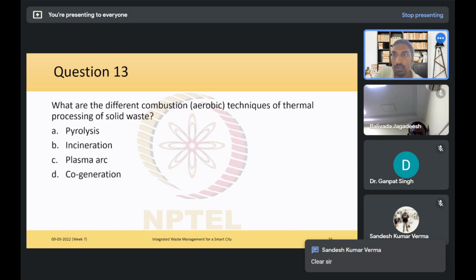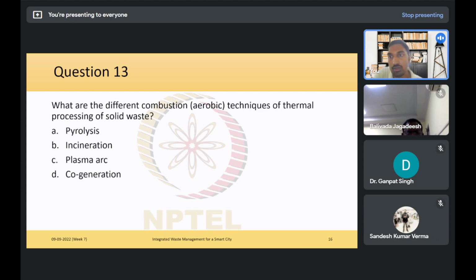Okay, moving on to question number 30. What are the different combustion aerobic techniques of thermal processing of solid waste? The options are pyrolysis, incineration, plasma arc, and cogeneration. Just a few questions back, we looked at the different techniques. So here the question is, which of these are the aerobic techniques of thermal processing of the solid waste?